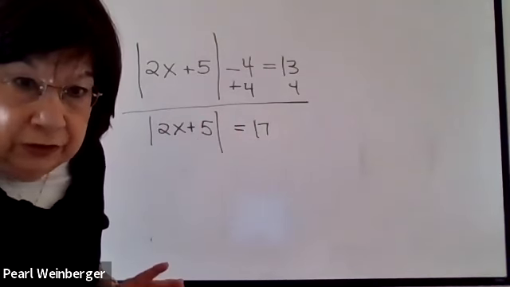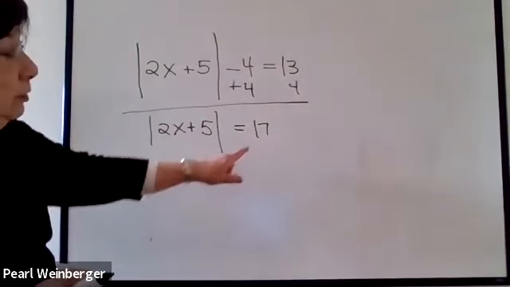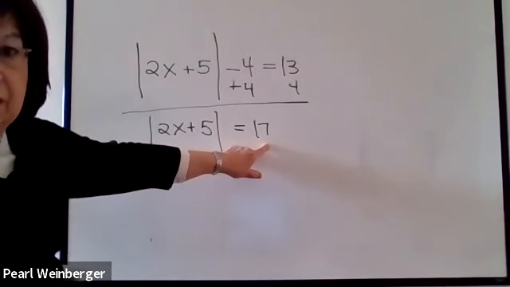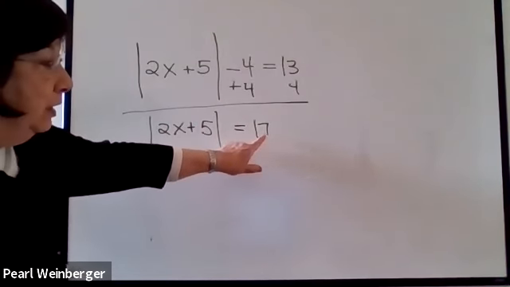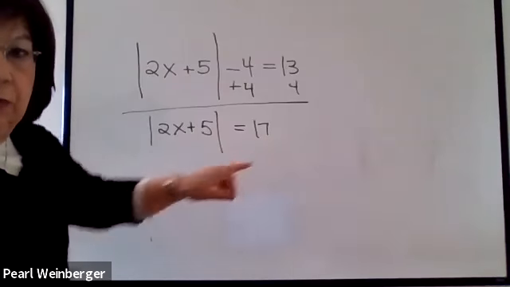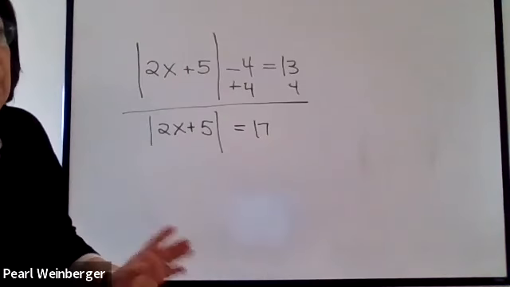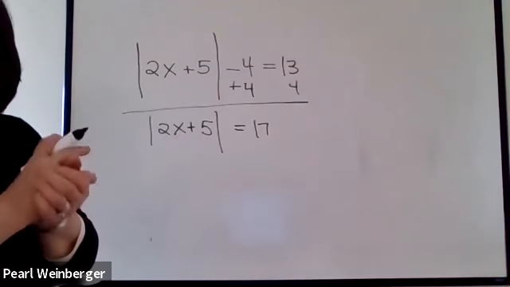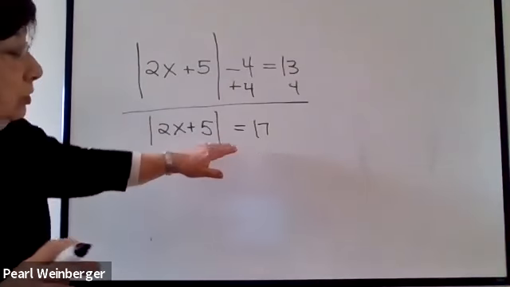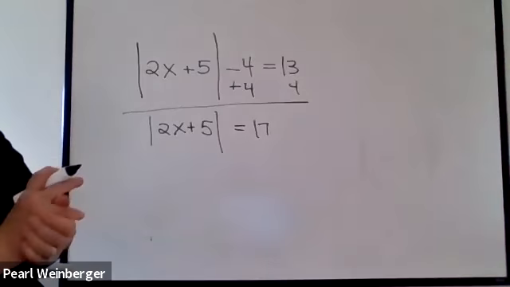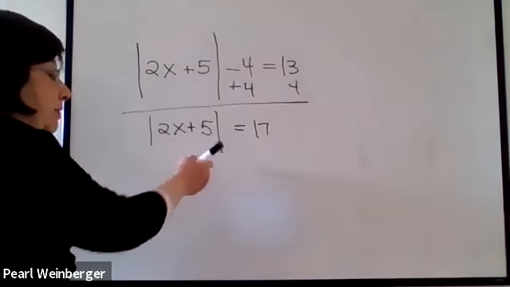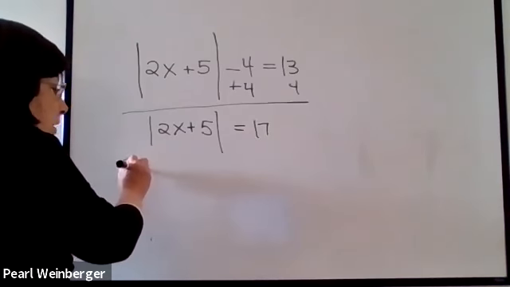And I pause. I stop and look at this number because this number has to be a positive number. If it's a negative number, you stop right there because it's impossible for an absolute value to be equal to a negative number. So there can't be any solution. But this is a positive number, so we can go further. We go further by breaking this up into two equations.